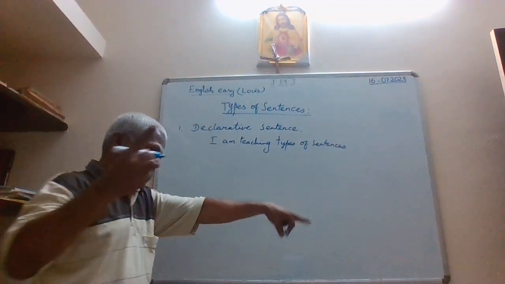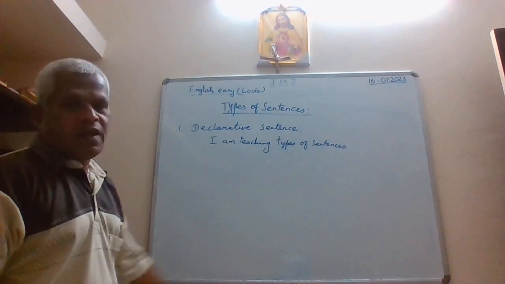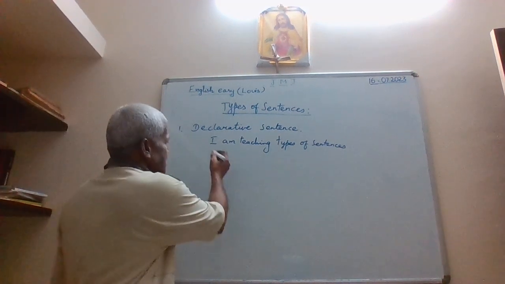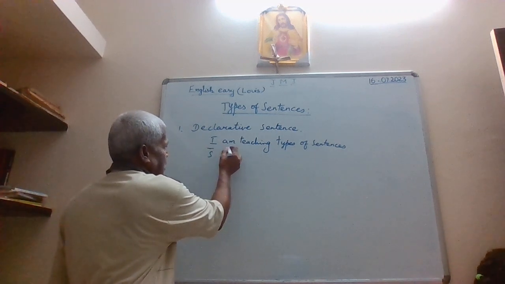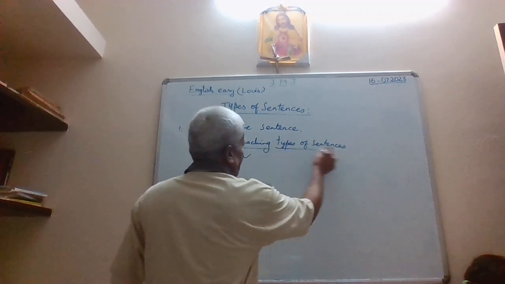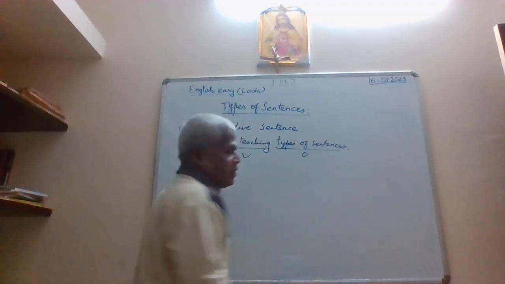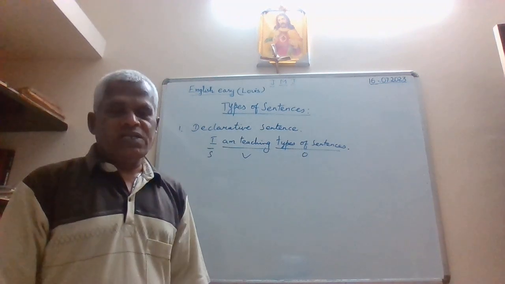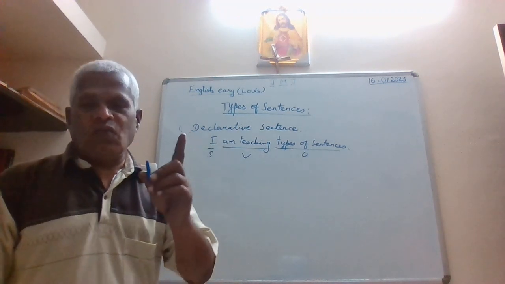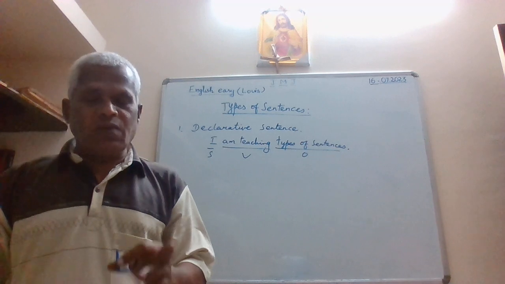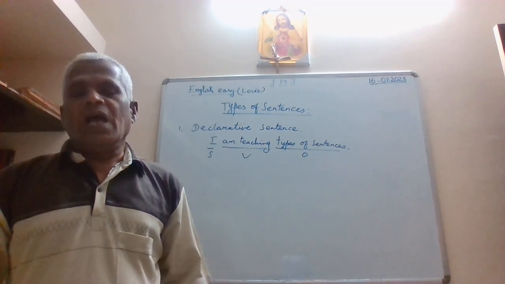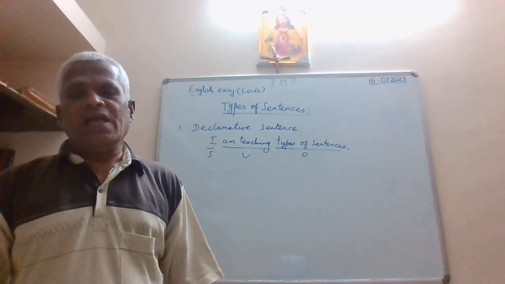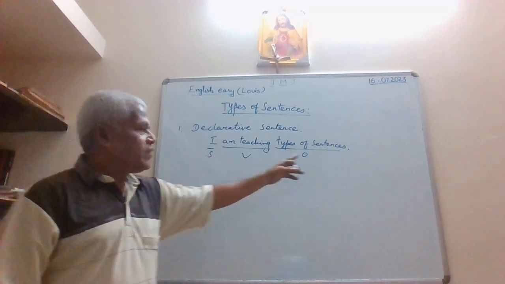When I say I am teaching types of sentences, there you have the subject, the verb, and the object, and you have the full stop finally. So a declarative sentence will have at least one subject, one verb, and one object, and the meaning will be complete. So you can easily understand that a declarative sentence will end with the full stop.